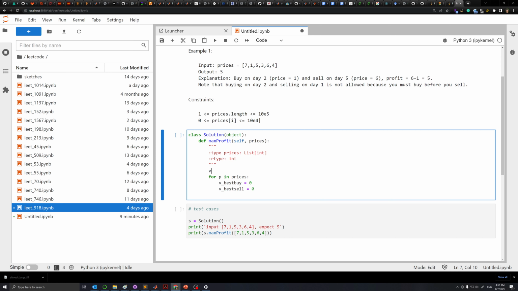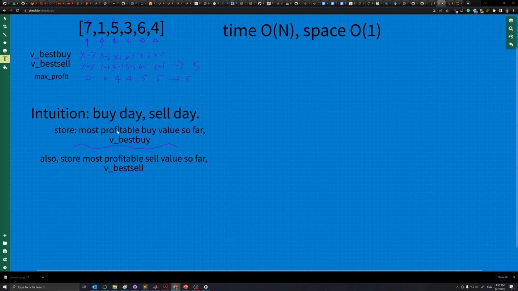So maybe we initialize them, right? Initialize them as best buy. Best buy value is gonna be like what? Actually, minus something. Let's make best buy value to be minus because they are anyways costs.